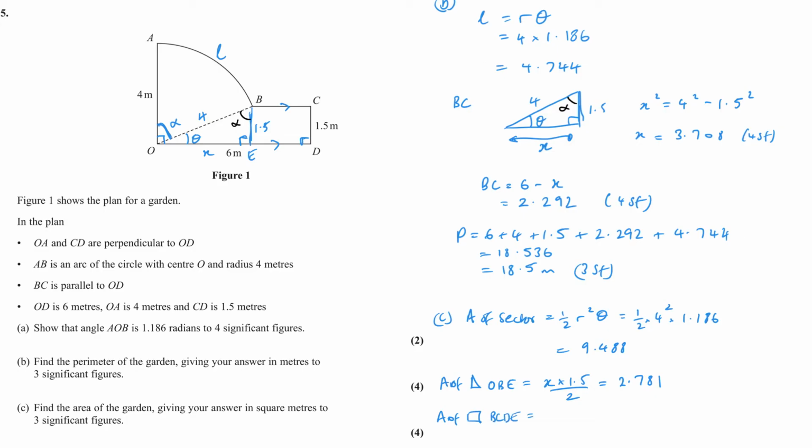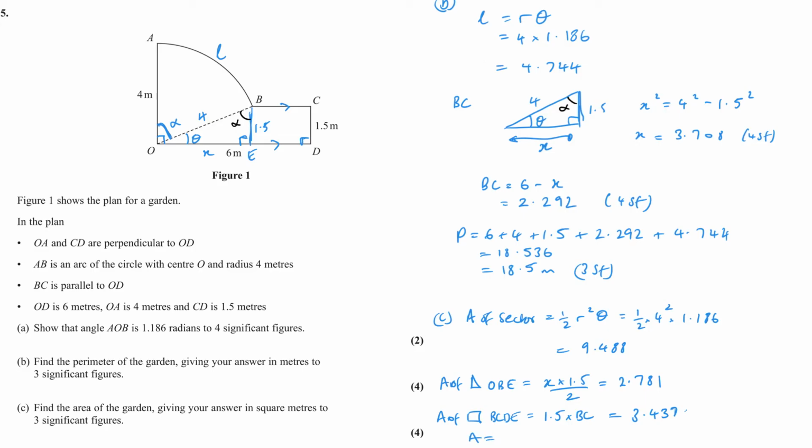And then area of rectangle BCDE is 1.5 times BC. Again, I've stored this value in my calculator, so it's just easier to use. So this gives me 3.437 to 4 significant figures there, and then it's just totaling them all up.